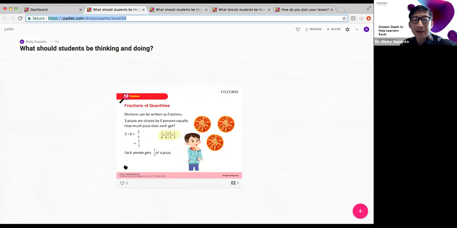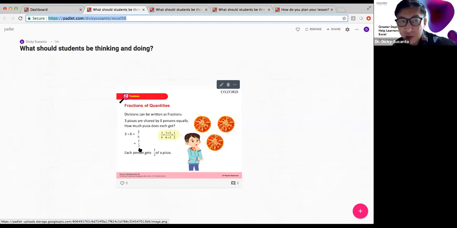Finally, in the fifth and sixth grade, looking at this idea of 3 pizzas divided among 6 persons. What is the thinking that's involved in that? What do you want your students to be thinking? What are the things that you want them to avoid, like overgeneralization? Here there's 3 and 6, which is nice.